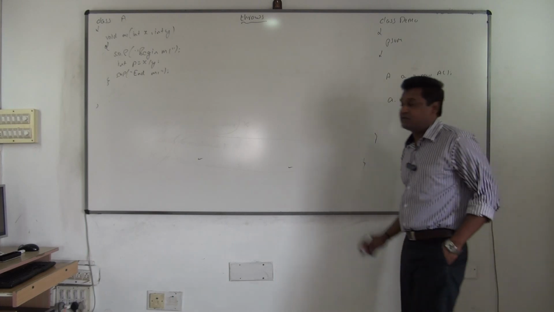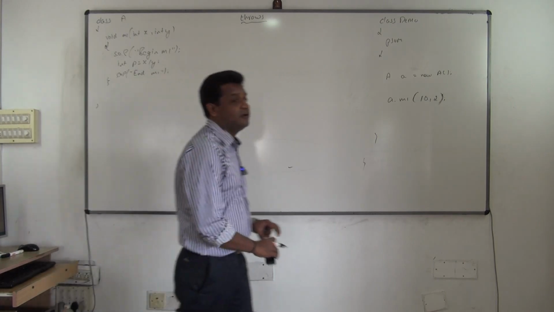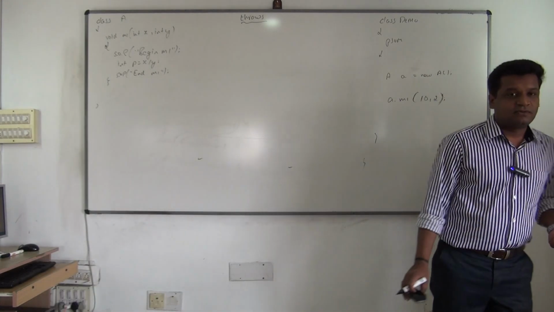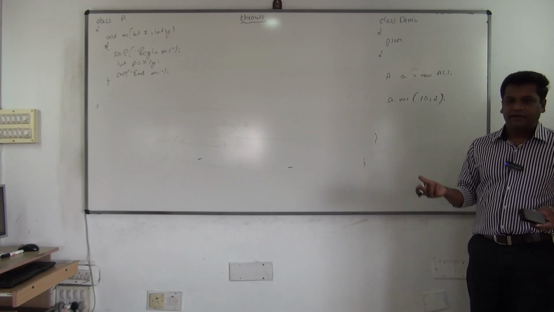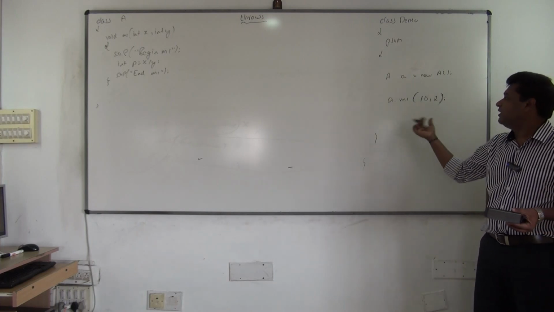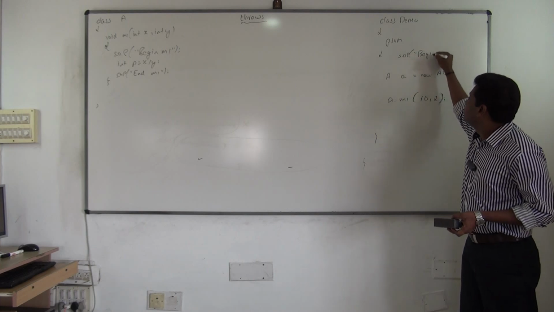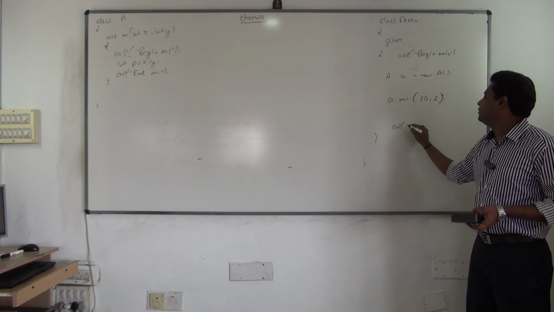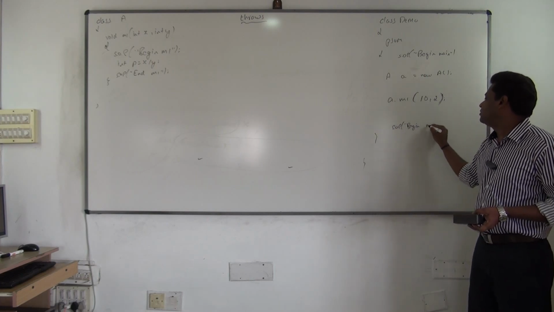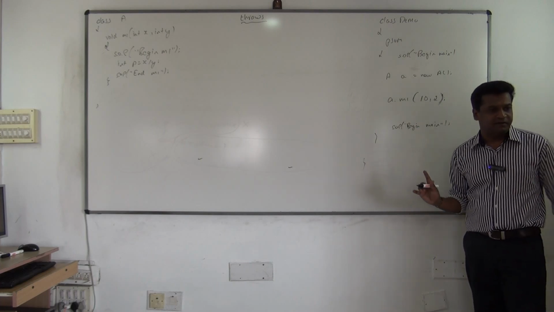So m1 will execute. The value 10 is given to x, the value 2 is given to y. Once it is given, p will be calculated, which will be 5. The program completes successfully. SOP begin main also will execute. SOP end main, everything here gets executed, no termination. Neither is m1 terminated nor is main terminated.